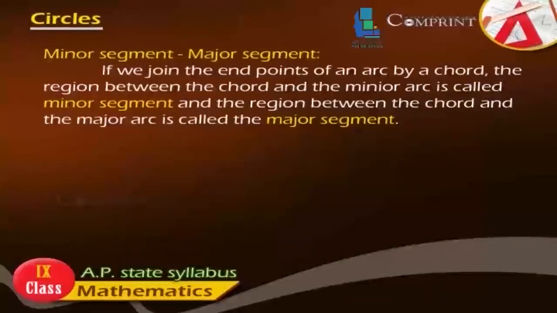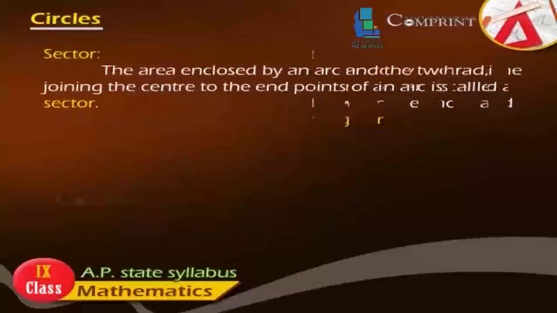If we join the end points of an arc by a chord, then the region between the chord and the minor arc is called the minor segment, and the region between the chord and the major arc is called the major segment. Sector. The area enclosed by an arc and the two radii joining the center to the end points of an arc is called a sector.